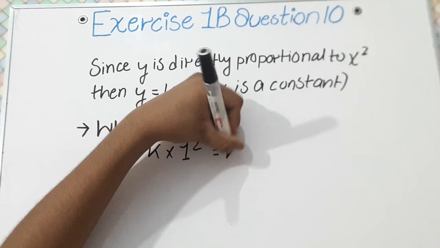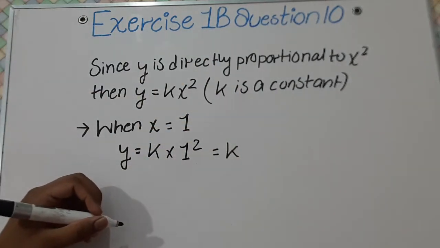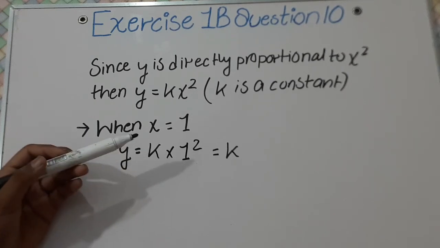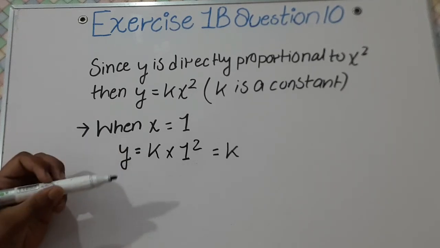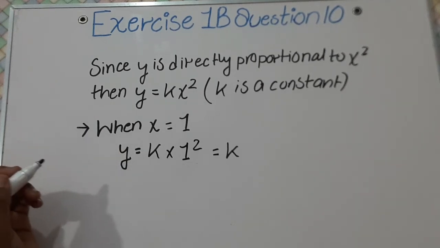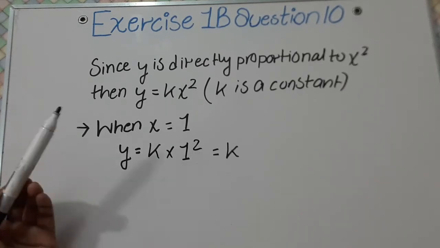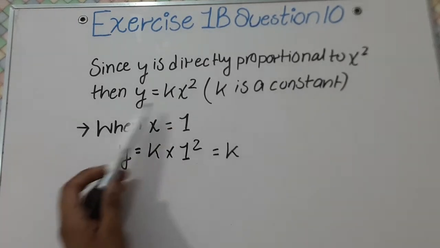So the answer would be k. Means the formula would be y equals k x square. Now they have given that when x is 1, the value would be k. So this would be the same formula again.